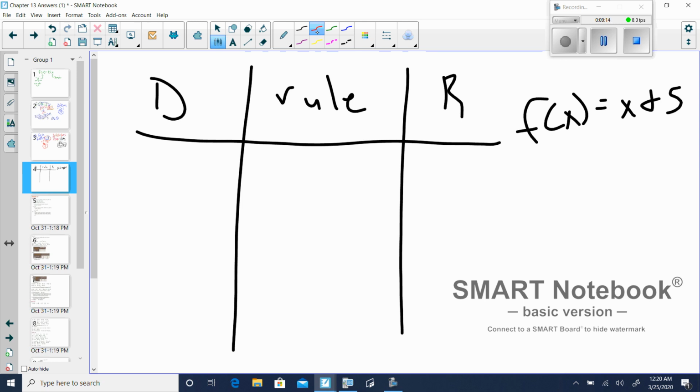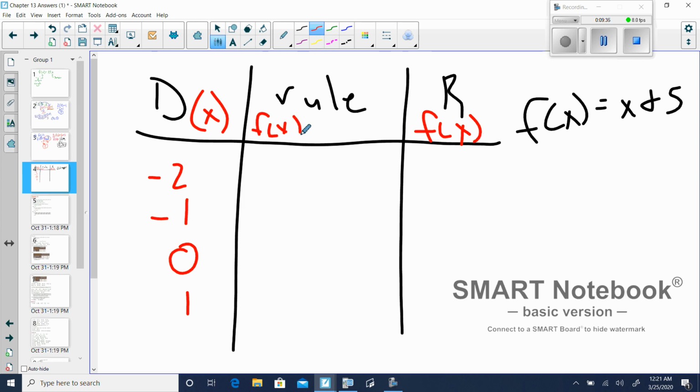Let's just, for 4 values, your book does this, negative 2, negative 1, 0, and 1. That's absolutely fine. All right, because our domain is our x, our range is y, we're f of x, but f of x is just telling us that y has been placed into function notation.